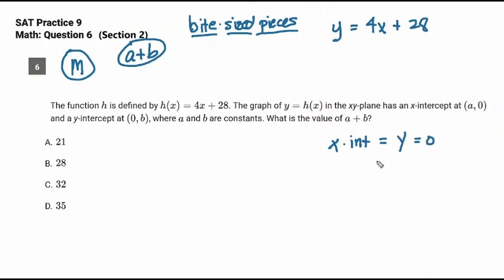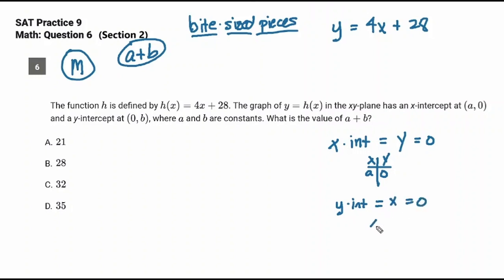Alright, so if you think about it for a second, you're on the xy plane, right? So you've got an x and a y. It's a,0, right? Y is 0. So x is going to be the same thing as a. And at the y-intercept, there's only one thing that's important about it. What is it? It's that x equals 0.